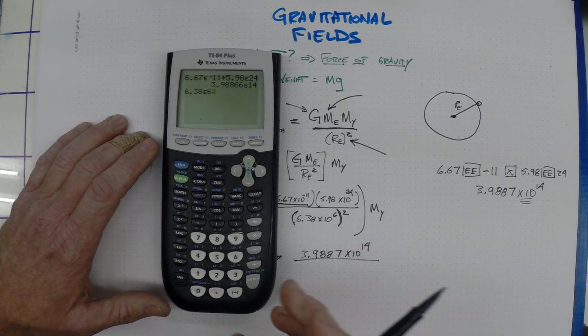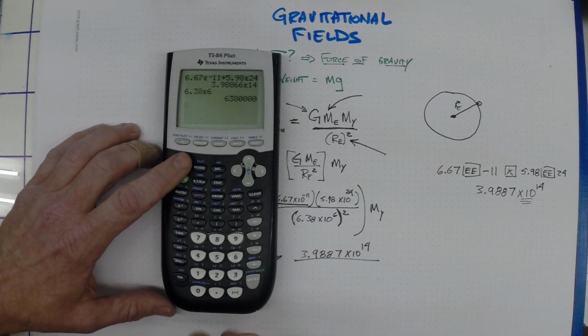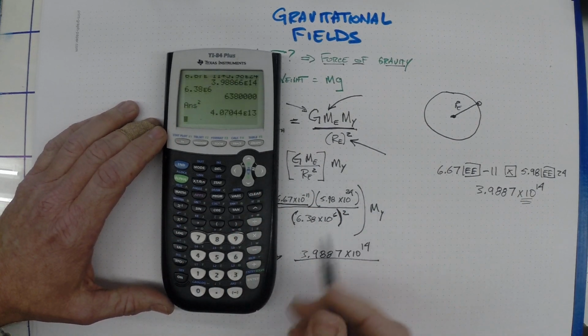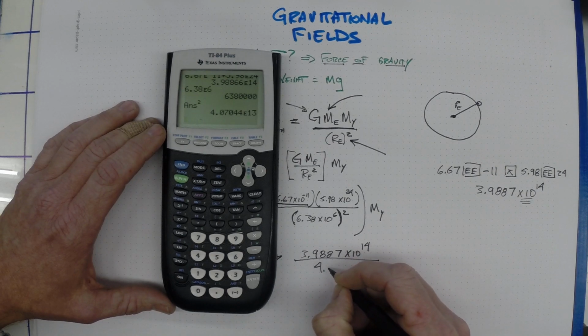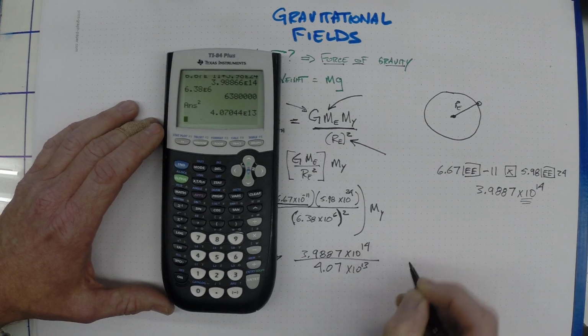And then what I like to do is I hit enter and then I square it. So then I go hit the square key and it will square that. I probably don't have to hit enter, but it just feels safer to me. 0.07 times 10 to the 13th.